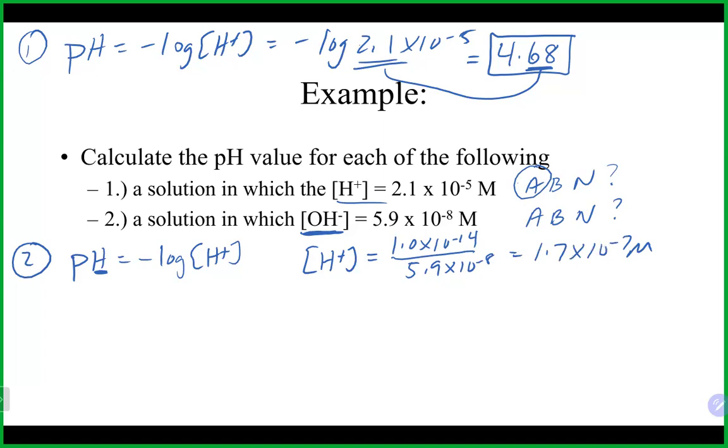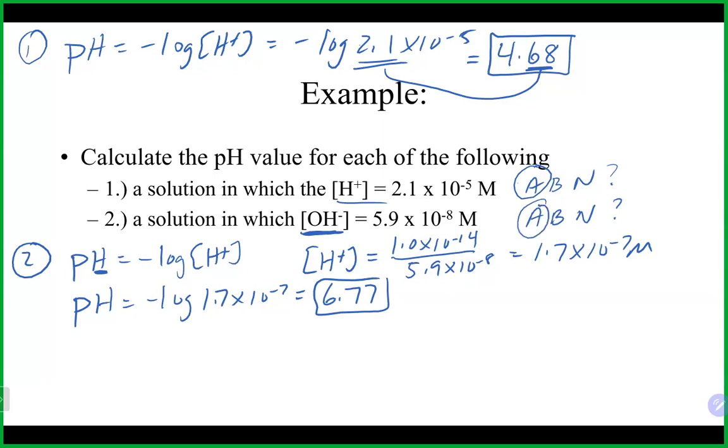Now that we do have the H plus concentration, we can calculate the pH. 1.7 times 10 to the minus 7 is going to give us 6.77 as our pH. That means that this one is going to be slightly acidic, as it's less than 7.